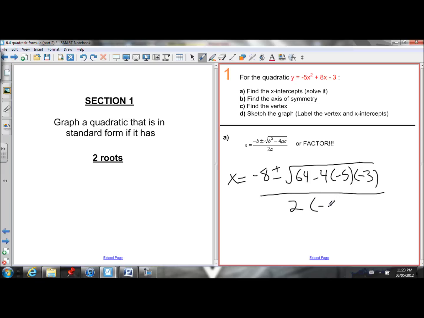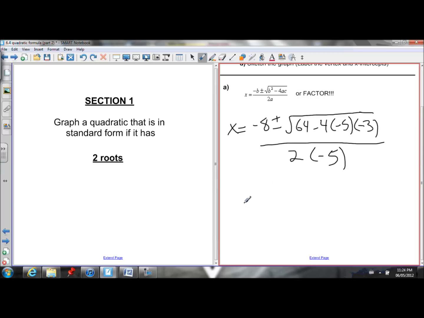A is negative 5. Maybe before I did this, I should have made a list on the side here. Okay, if this is in standard form, my a is negative 5, my b is 8, and my c is negative 3. And then I just plugged all of those into the quadratic formula, and this is what I got.